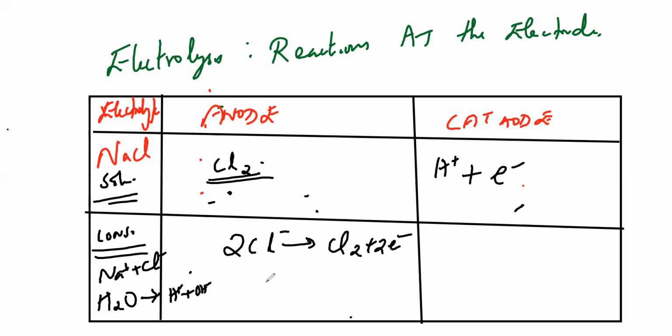Chlorine gas is released at the anode. It is giving the electrons, and these electrons are taken at the cathode to produce hydrogen gas. So hydrogen gas is released here.